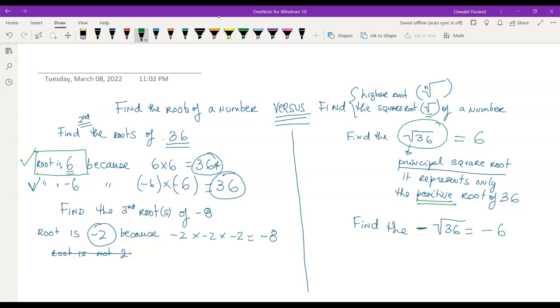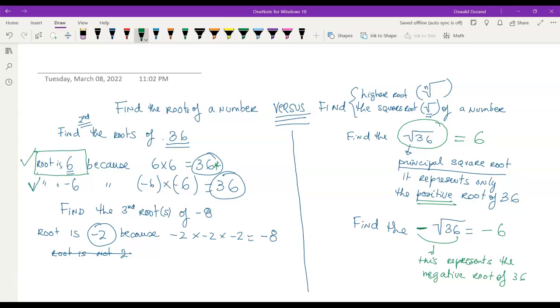Okay, so in this case, this represents the negative root of 36.